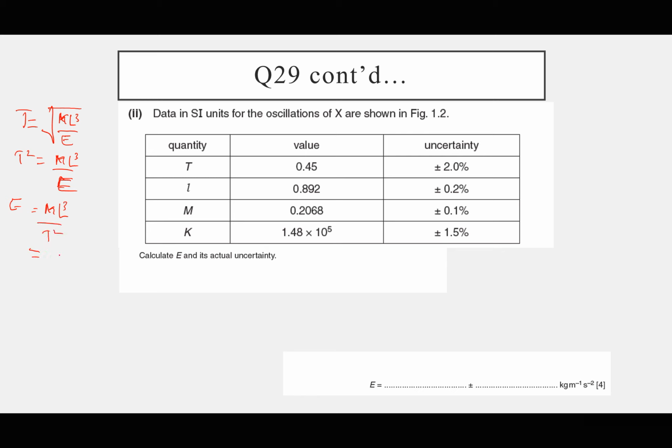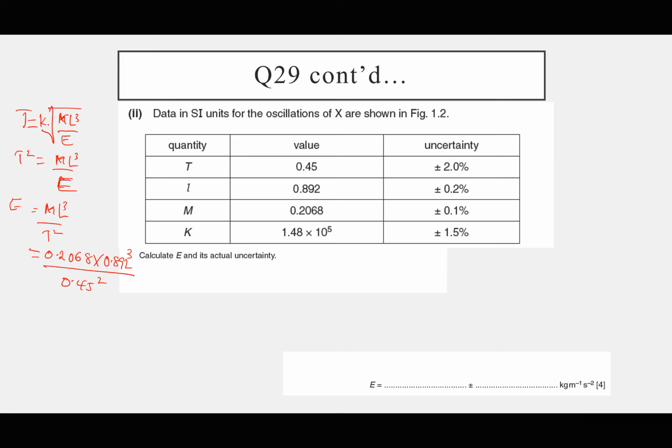So we substitute. They say the data is in SI units, so there is no need of converting. M is 0.2068, L is 0.892, but it is cubed, divided by T, 0.45, but it is squared. And oh, there was a K somewhere here.